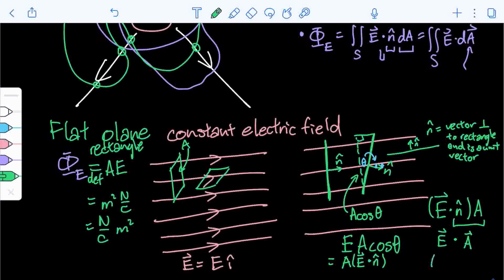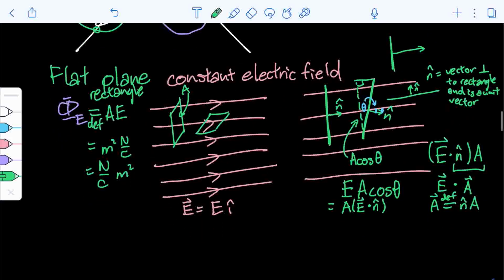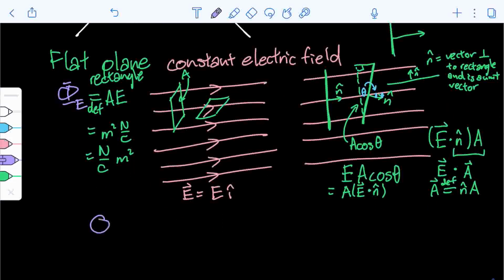So A vector is just defined to be n hat times A. It's the vector that is perpendicular to the rectangle's surface, and its magnitude is going to be the area of the rectangle. Okay, so this is how you find the electric flux for a flat plane rectangle in a constant electric field. It is defined by electric flux equals E dot A.